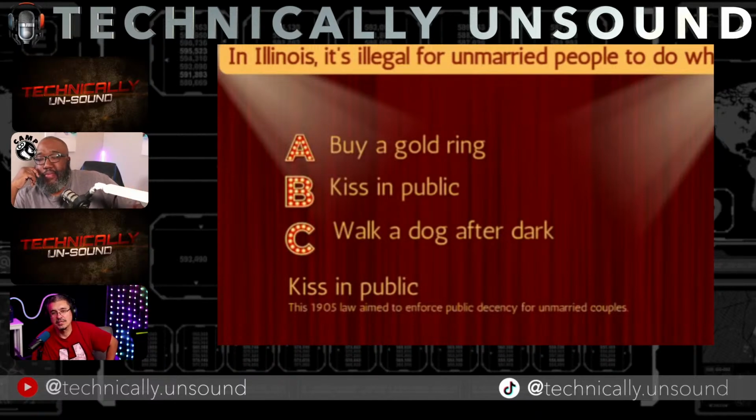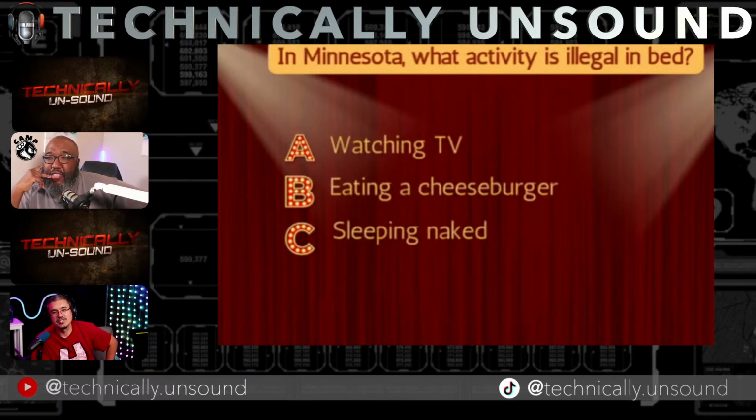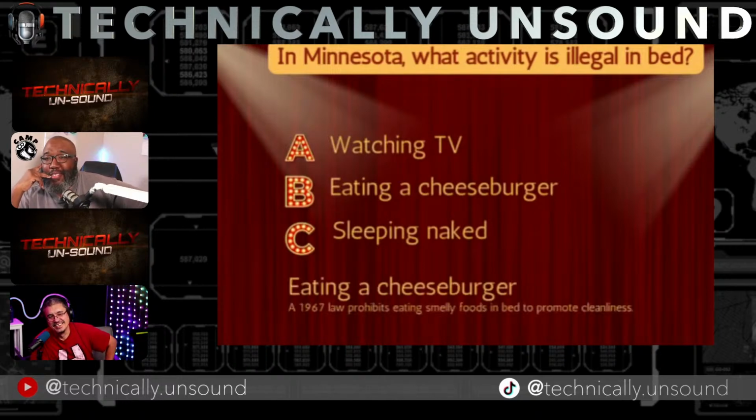In Minnesota, what activity is illegal in bed? Eating a cheeseburger. A 1967 law prohibits eating smelly foods in bed. That means not eating your wife. See, I think eating a cheeseburger smells good. Do they mean smelly good and bad, I guess?